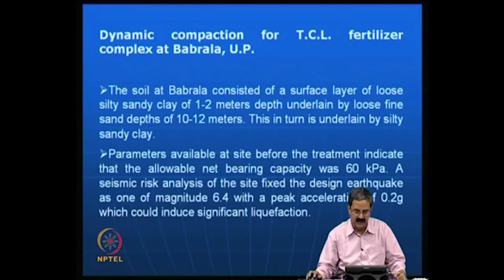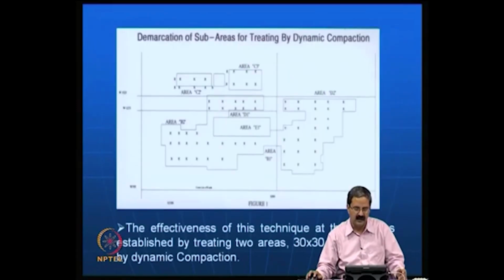If this acceleration comes to the site, then since the material is loose sandy type, there is a possibility of significant liquefaction, and they do not want that. So they wanted to go for a ground improvement technique, which was dynamic compaction.